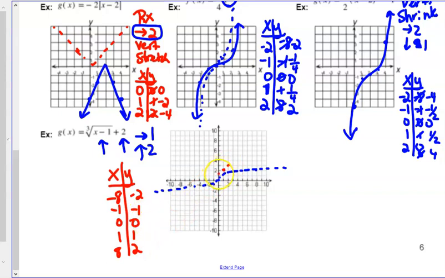Negative 1, negative 1 from that new point. Over 8, that would give me 9, up 2 would give me this point. And over 8 this way, which would be at a negative 7, and down 2 gives me this one. And that gives me my new squiggle. So it's a little bit different just because it's so stretched out on all of that. Okay? All right, very, very good.